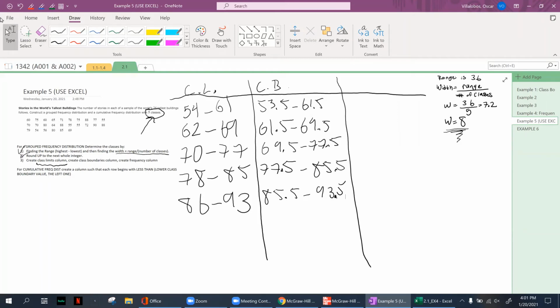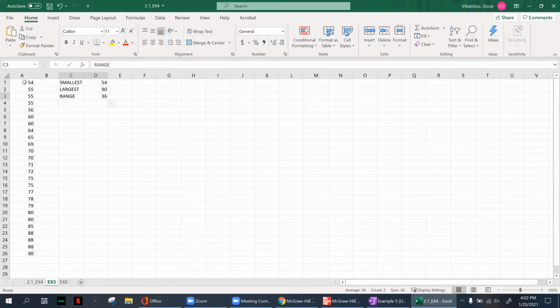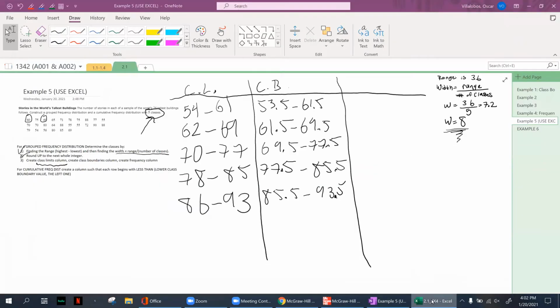So 54 through 61. Oh, you know what? Let's just go straight to Excel. 54 to 61. Boom, right there. That is 1, 2, 3, 4, 5, 6, 7. So that should be 7.